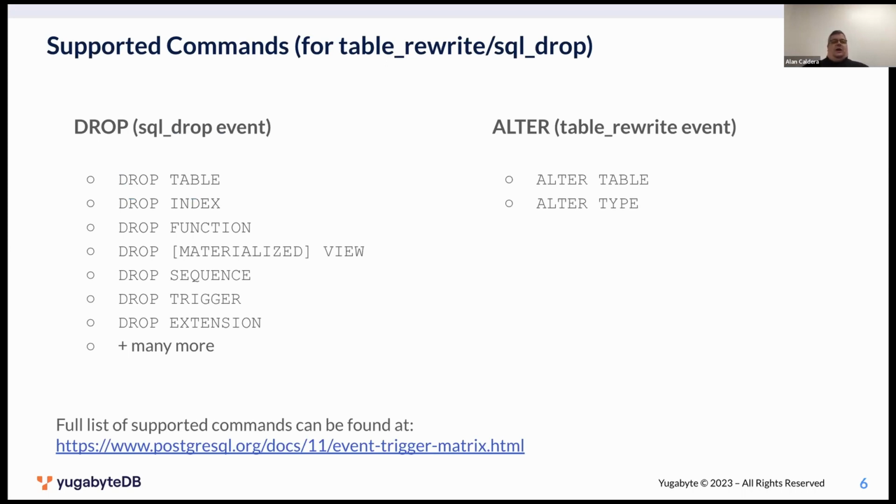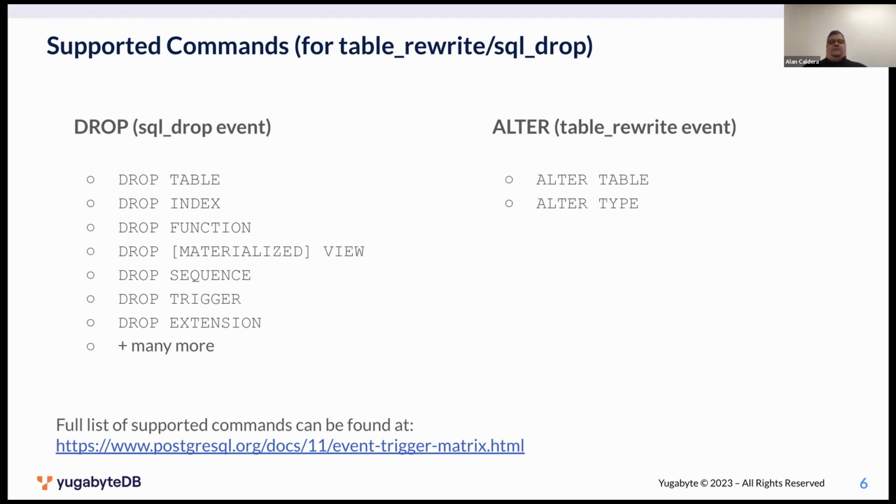Okay, so I talked about supported commands for table rewrite and SQL drop. Drop covers most things that talk about dropping some kind of object in the system. Alter is a little bit different because not all alters cause table rewrites.